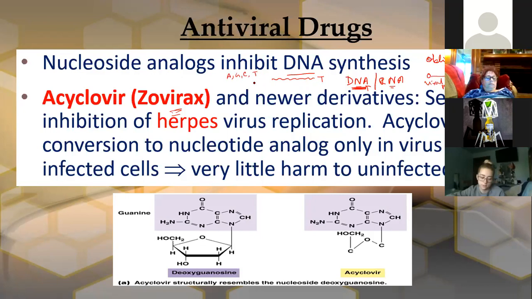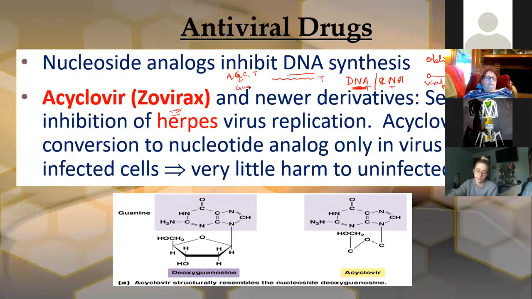If it is DNA, these are the nucleotides, and the virus is using the same nucleotides. We cannot directly target cytosine or thymine, or any of the enzymes and proteins. But nowadays we make one special type of guanine.